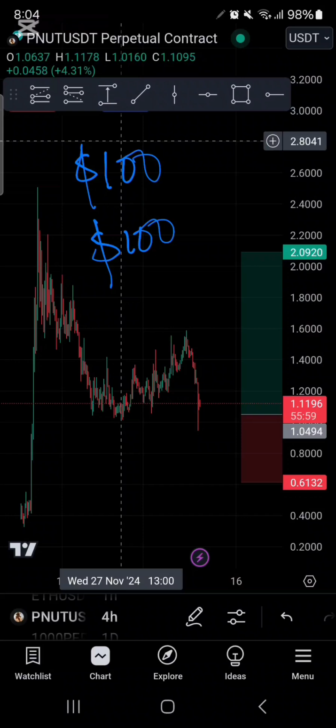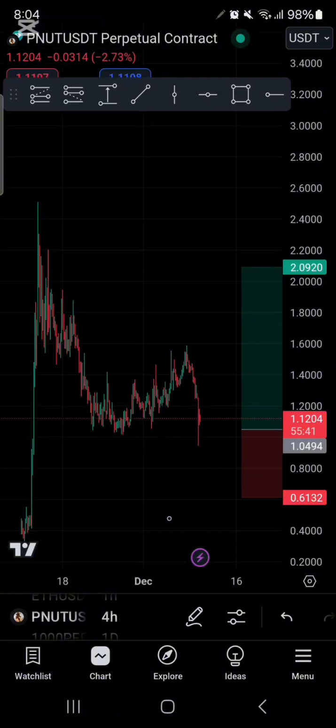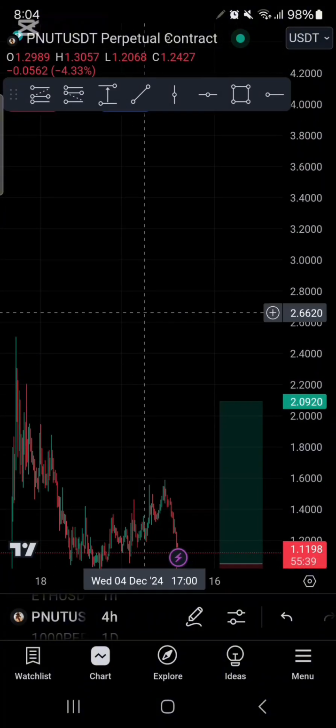The advantage we have on spot is you can invest all your money, and if you are investing in a very good project, you don't need to bother about liquidation. Okay, so let's clear this.